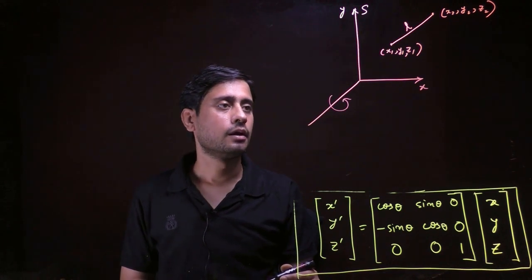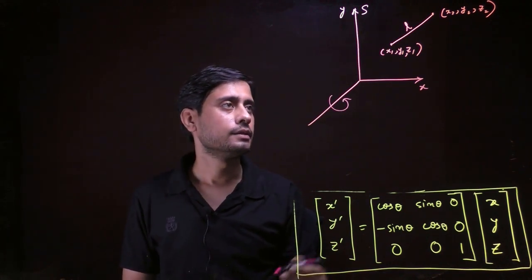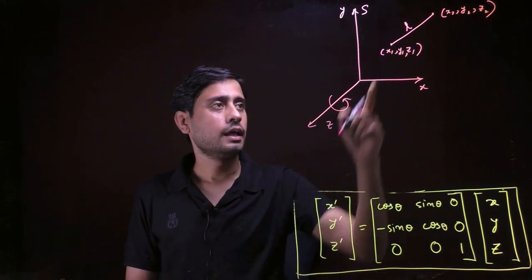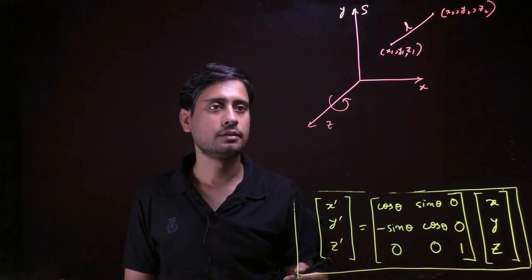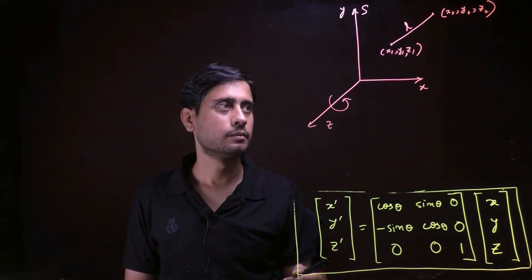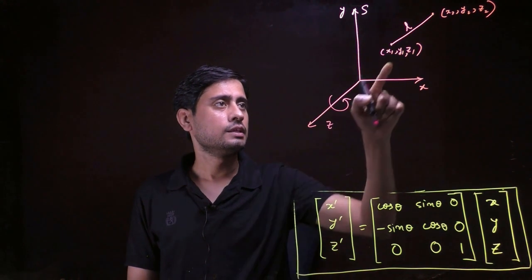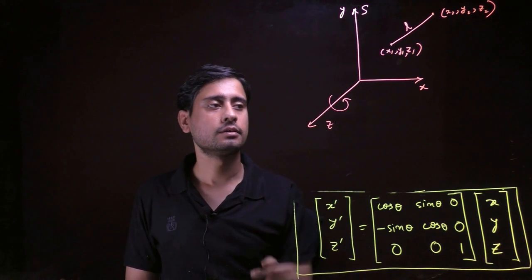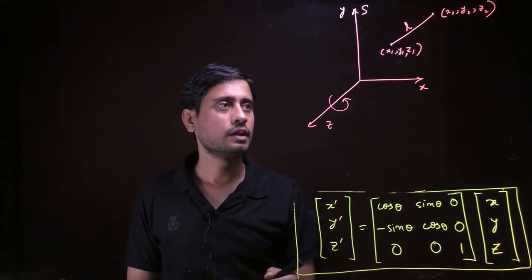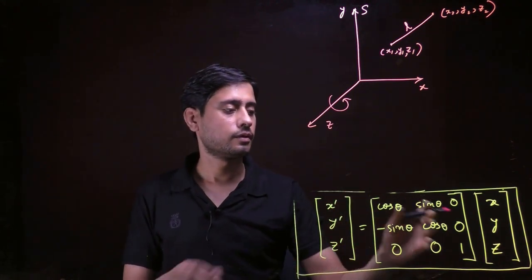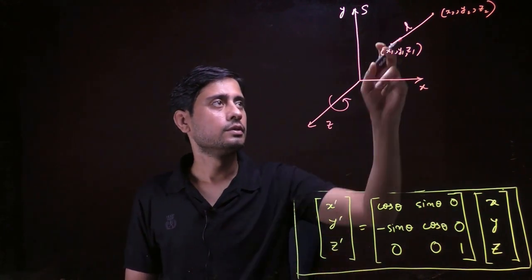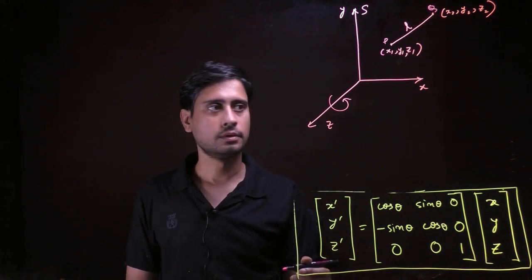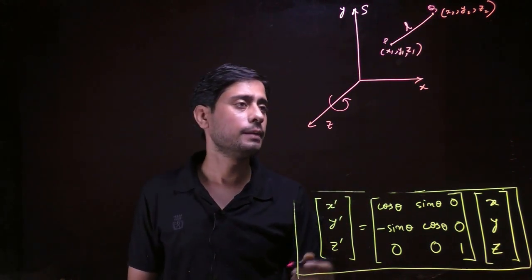You know that under rotation along the z-axis, only the x and y coordinates will change and the z coordinate will remain the same. So x1, y1 will change and x2, y2 will change as we rotate the coordinates. We will write a similar matrix for these two points, P and Q, the ends of the rod.